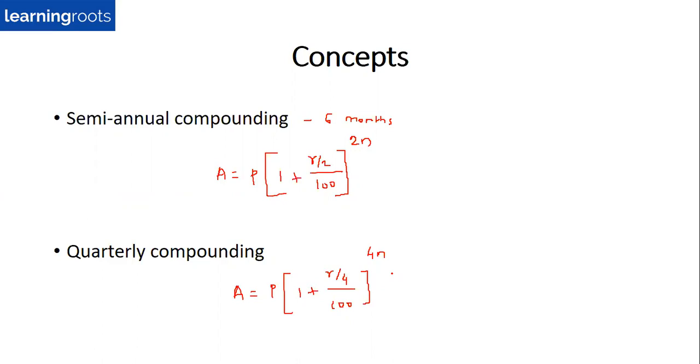You will definitely not get a quarterly compounding question where n is 2, because then it becomes raised to 4n, which is raised to 8, and you will not have those questions. So just try a few questions on semi-annual and quarterly compounding, but it's not very important from the exam point of view. Very rarely you will find a question on this. But you need to remember the formula, and you need to understand how it works.